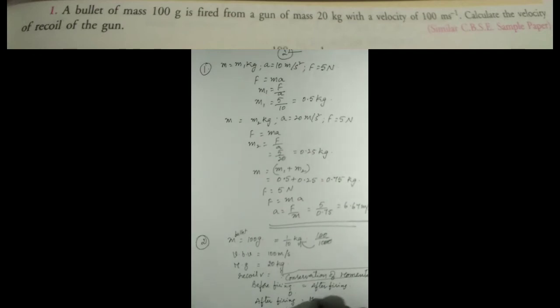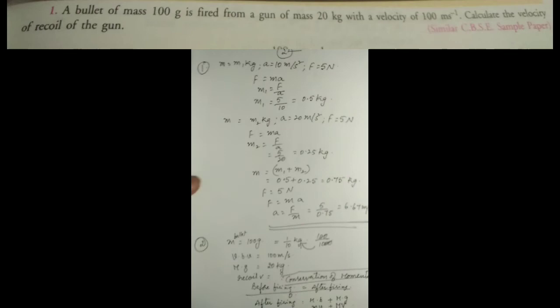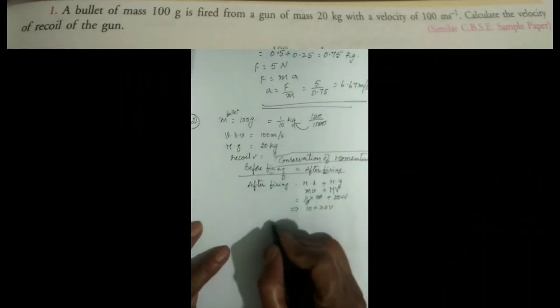Momentum of bullet, small mv, plus momentum of gun, capital M capital V, is equal to mass 1 by 10 into 100 plus mass 20 into V. That implies 10 plus 20 V.